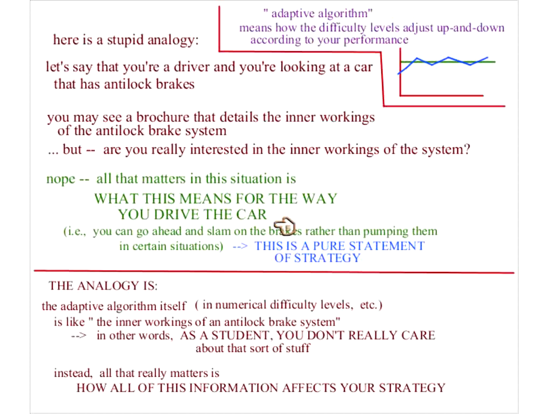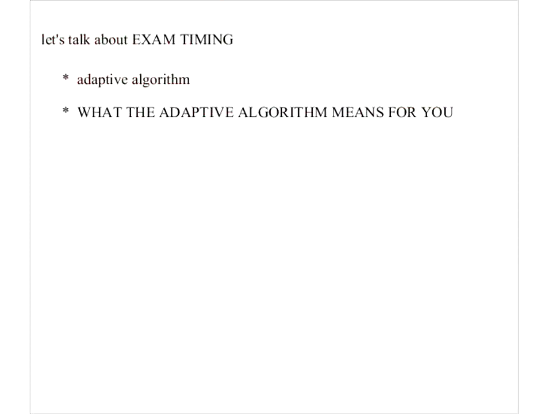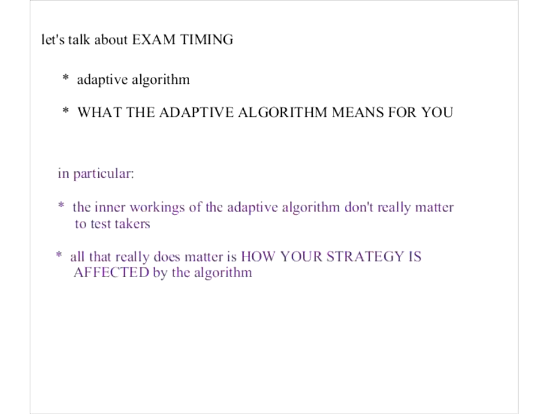Instead, all you really need to worry about is direct effects on your strategy. So with that in mind, let's get into what the adaptive algorithm means for you as a student.